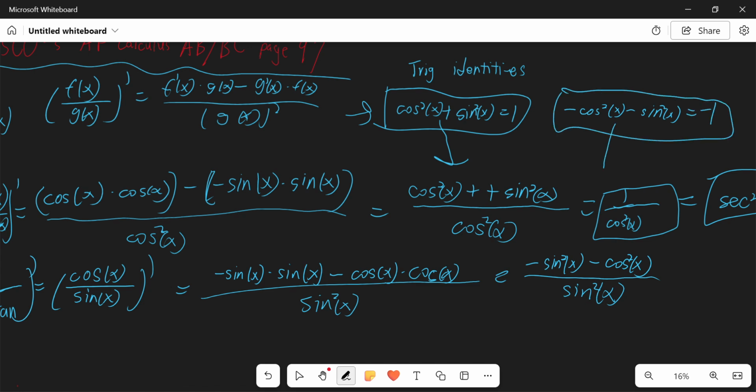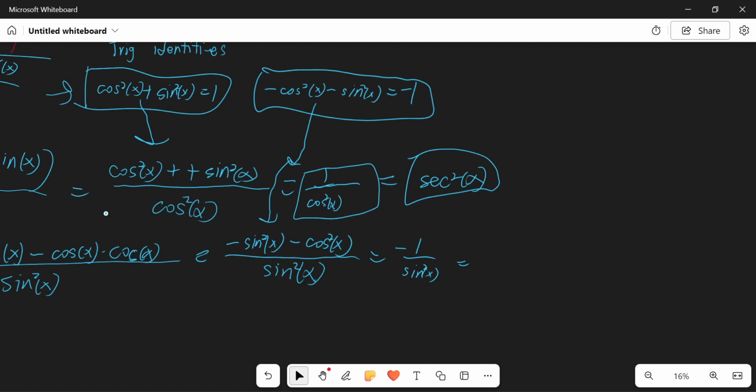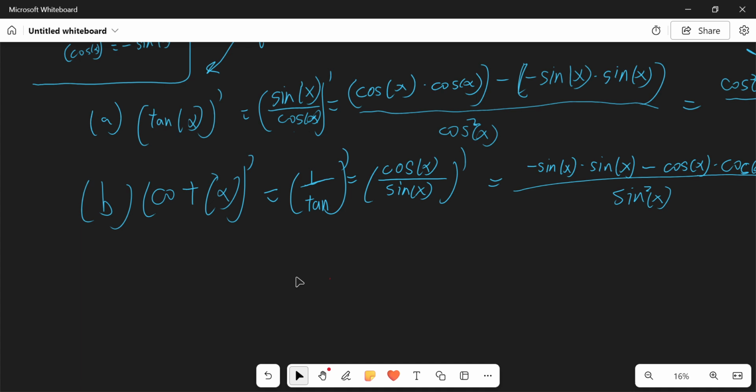Looks familiar? It fits exactly right here, making it negative 1 over sine squared x, which, further simplifying using the trig identities, is cosec squared x. This will be the final answer to B of this problem.